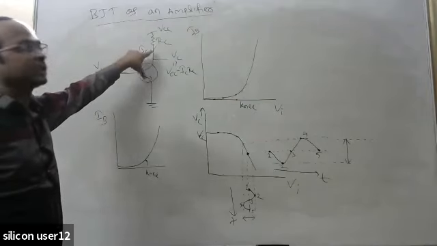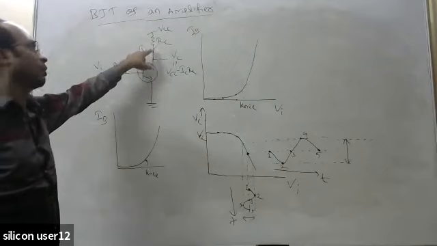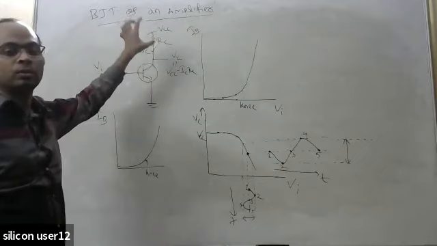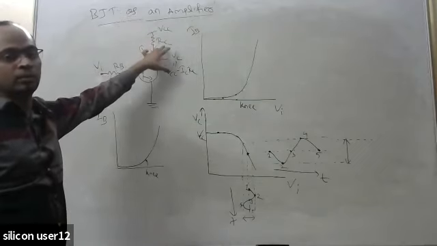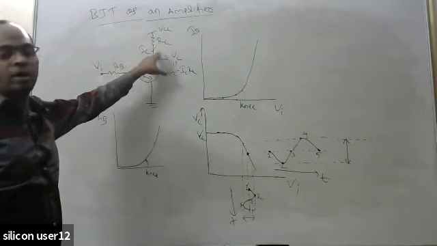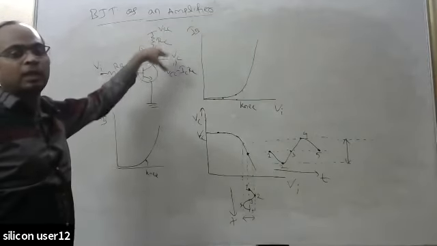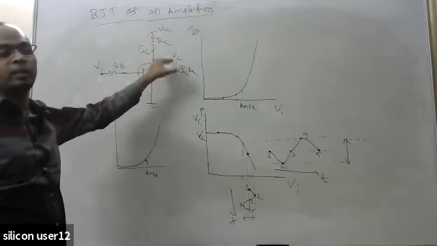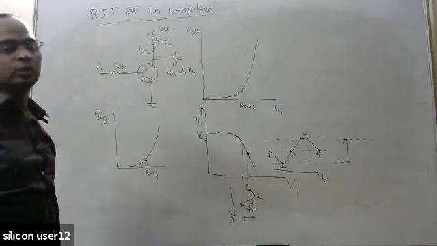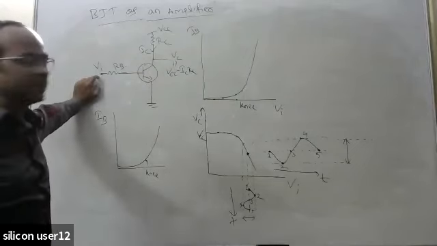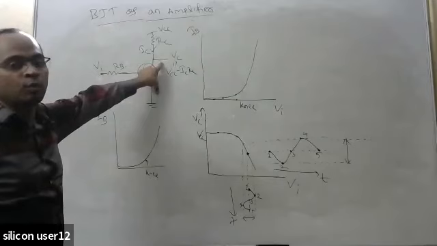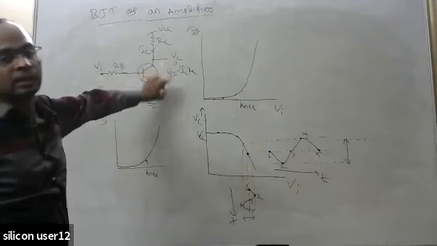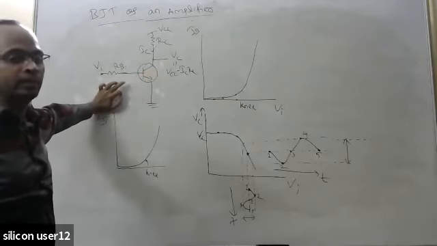Okay, so if the IC current is changing by 100 microampere, the net drop across this RC will also change by a high value. Let us say RC is 1 kilo ohm. So 1k into 100 microampere, that much drop will appear across this RC. So obviously this VC will change by a larger value. That's why with a small change in the input voltage, the output voltage will change to a larger extent. That is the way in which this BJT is used as an amplifier.